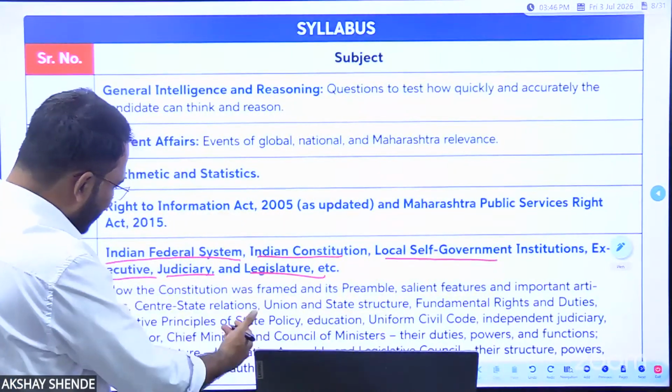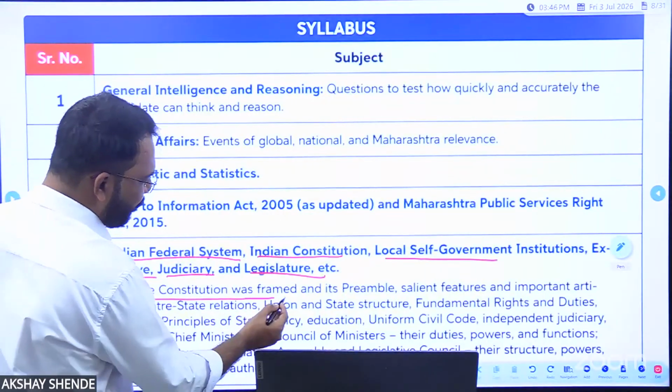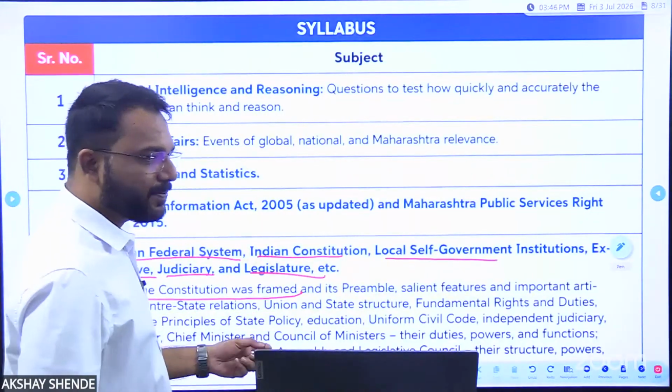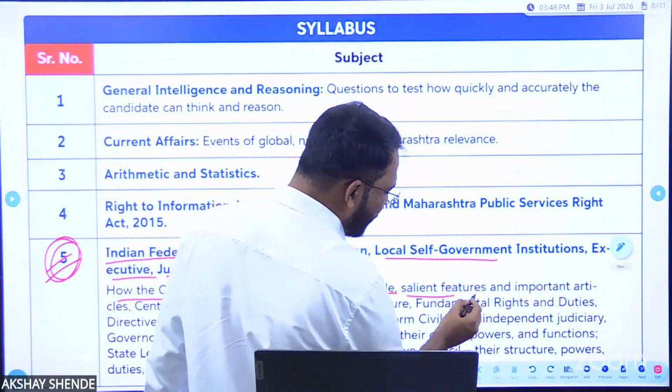Now, in the second paragraph they have mentioned in more detail how the constitution was framed. I have told you the evolution of the constitution, right? Here it is mentioned the preamble. I have told you the features.